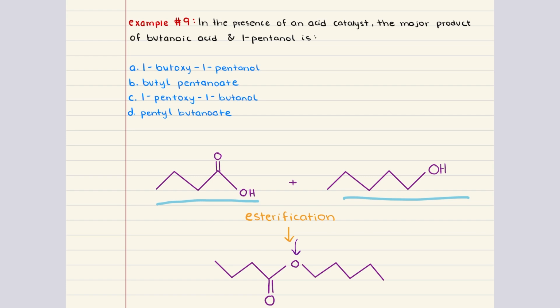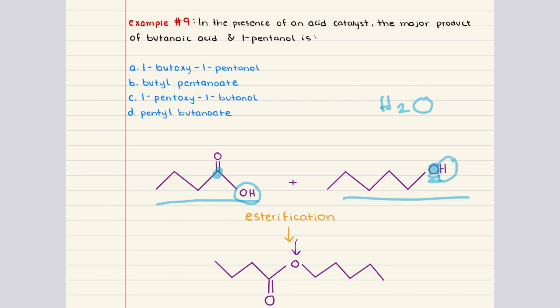And in this reaction, the hydroxyl group from the carboxylic acid and the hydrogen atom from the alcohol are going to combine to form water. And then a new bond forms between the carbonyl carbon of the acid and the oxygen atom of the alcohol.